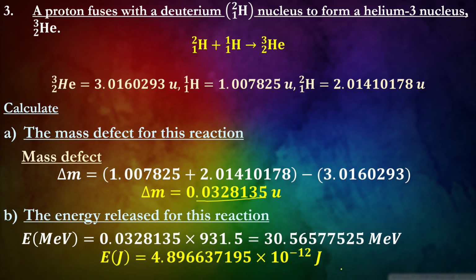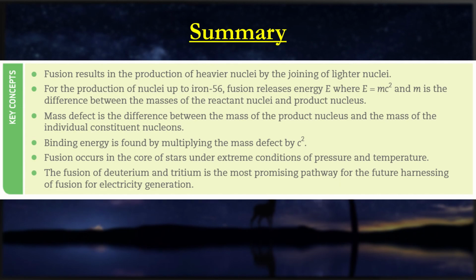Okay, and so that concludes and demonstrates how the mass defect in a nuclear reaction will cause the release of energy. Now you need to understand one thing: the likelihood of nuclear fusion occurring is very rare.